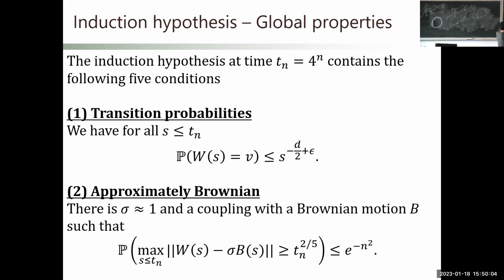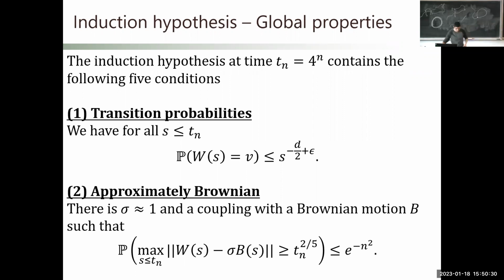This says that with really high probability, they will be within distance Tn to the 2/5. By the way, Tn is 4 to the n, where n is log of t. So here it says you have e to the minus log squared probability that they will be really close. These are the two global inductive assumptions that tell you that the cyclic walk behaves like a random walk.